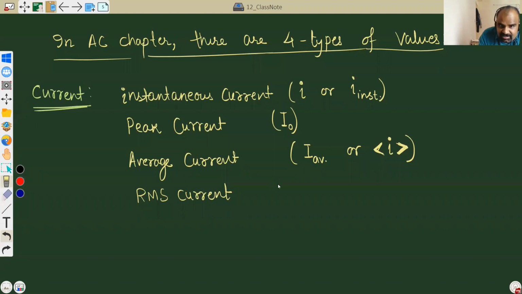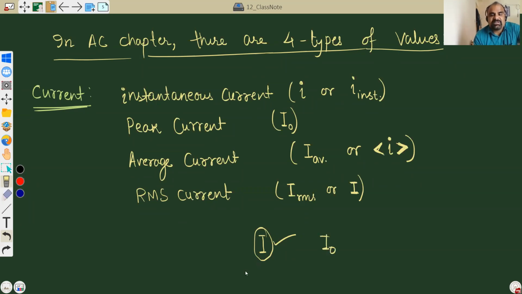So RMS current is represented by, you know what symbol? Capital I. In the subscript, you can write RMS, but listen very carefully: if you simply use the symbol capital I, it means RMS only. This is a very important statement. It looks very simple, but it is very important. So capital I represents RMS current.